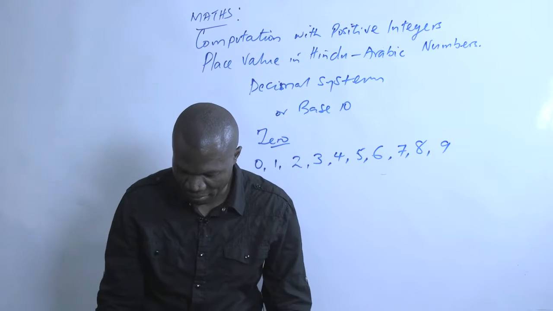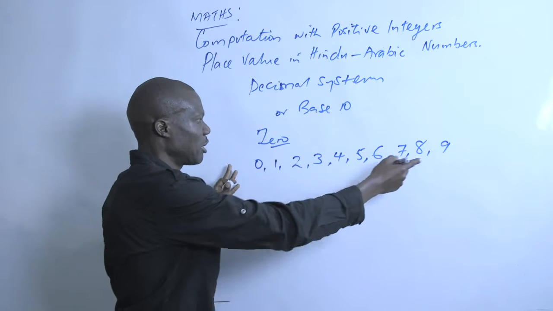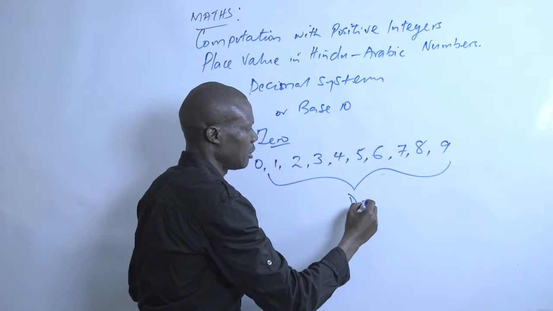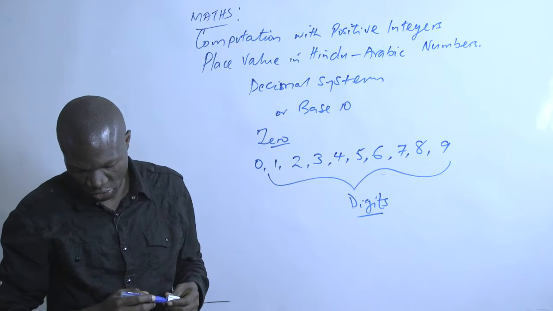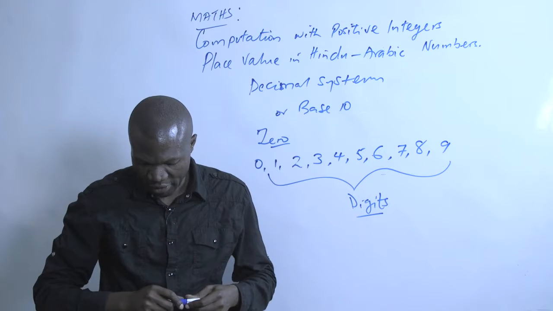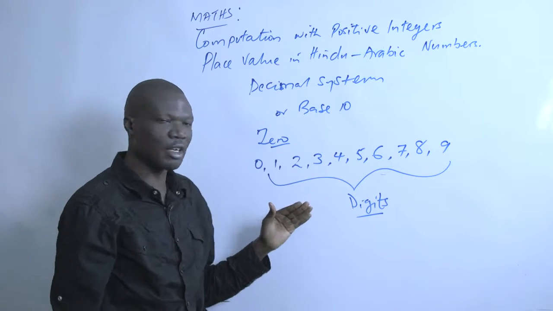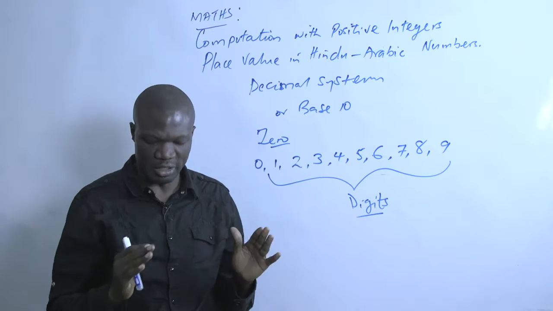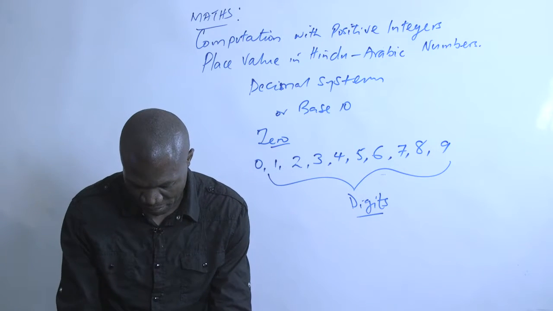These numbers are called digits. Looking at these digits, at any given point, the position of each digit will determine the value of the number.